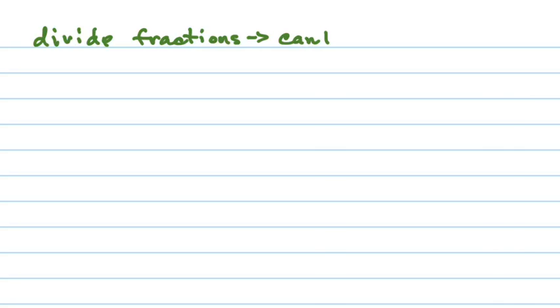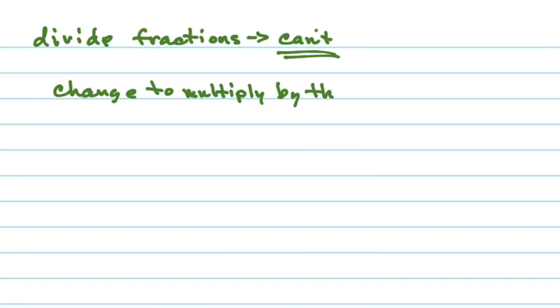Let's talk a little bit about dividing. Dividing is a good one because when you divide fractions, what you need to remember is that what you have to do is change to multiply by the reciprocal, or multiply and invert.